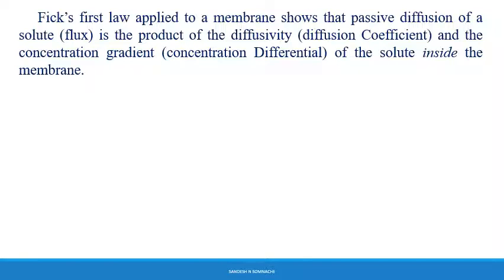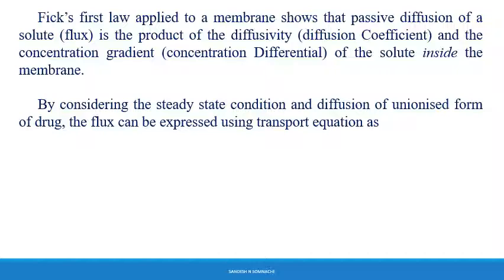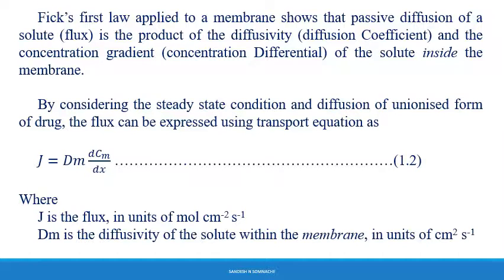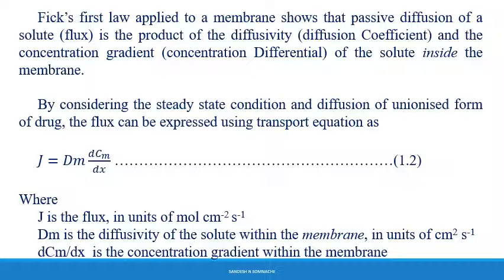And if we consider the diffusion of the unionized form of drug, because only the unionized form can cross the biological membrane, then according to Fick's first law, we can write the transport equation as J is equal to minus Dm dCm upon dx, where J is the flux, Dm is the diffusivity of solute within the membrane, and dCm upon dx is the concentration gradient within the membrane.